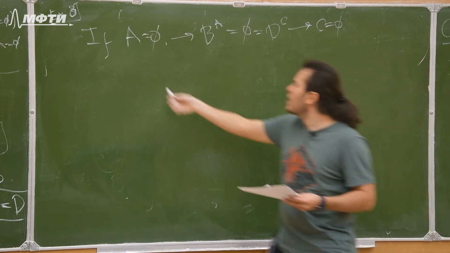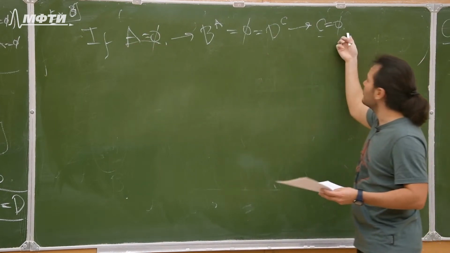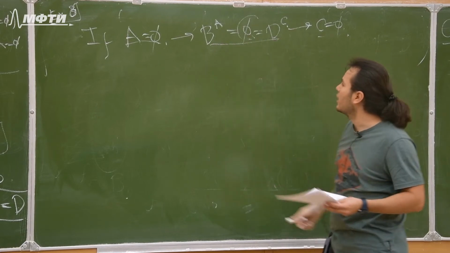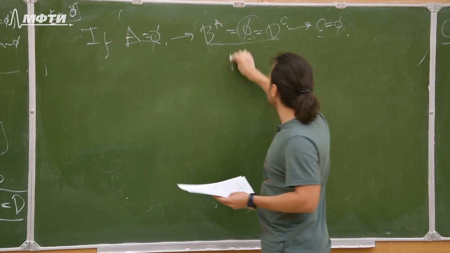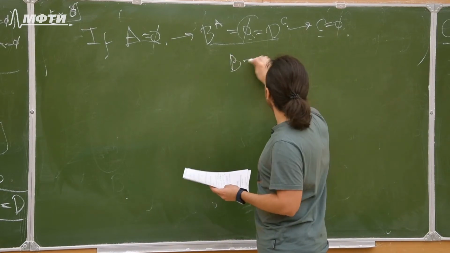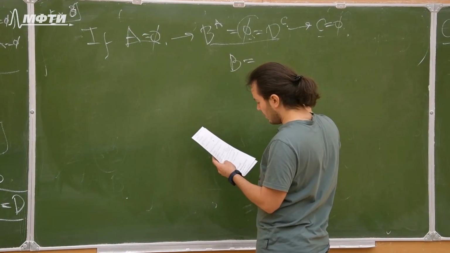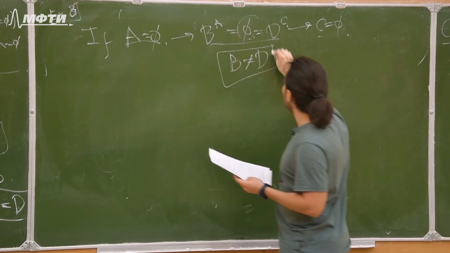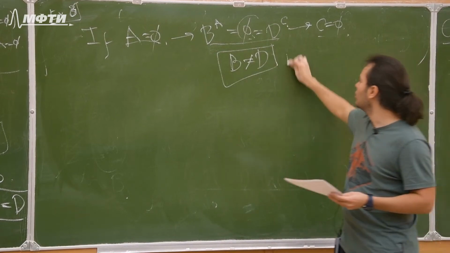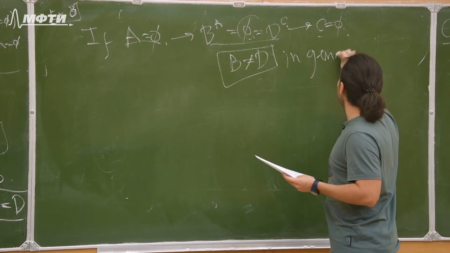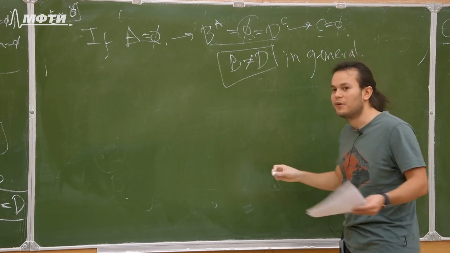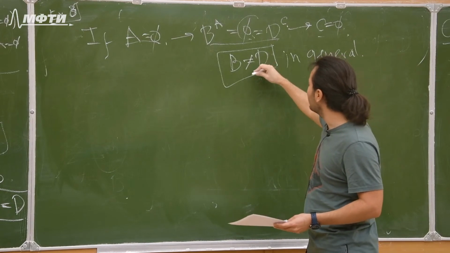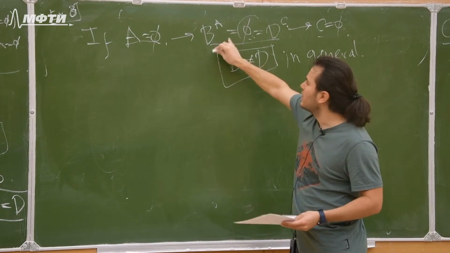So we obtain that A is empty and C is empty, and B to the A and D to the C are equal because both of them are empty. But this doesn't mean that B is equal to D. So B is different from D in general, because they can be any sets different from each other.